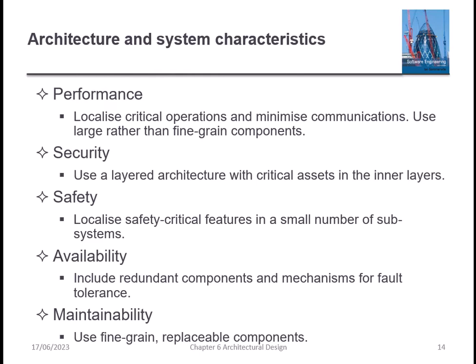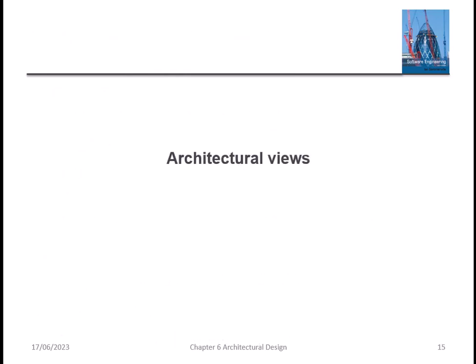But remember that low-level design or code design depends on the high-level architecture. So we first design the high-level architecture. In the next lecture I will discuss in detail the architecture views, patterns, and styles.